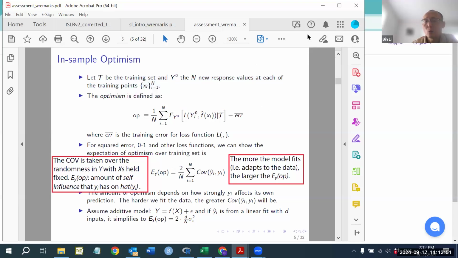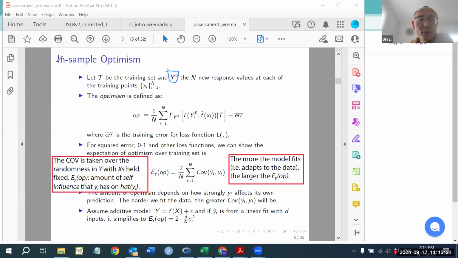So here the Y0 is the regenerated response values, but with the X values the same as the training. So X doesn't change, but for the response value, we sampled again. So we have N new response values, but X doesn't change.